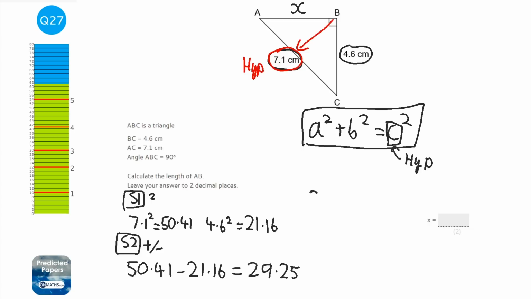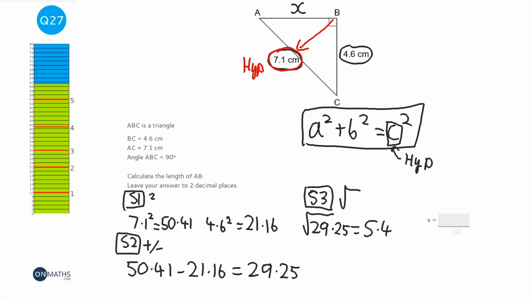Step 3 is a nice easy step, it's just root it. So I'm just going to press square root answer. Square root 29.25 equals 5.4083, and so on.